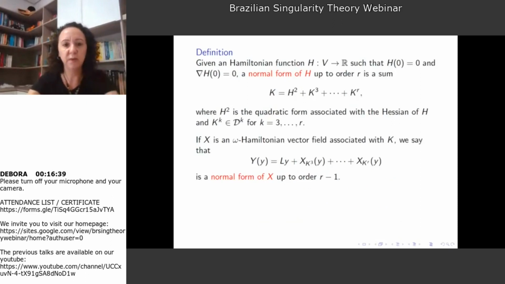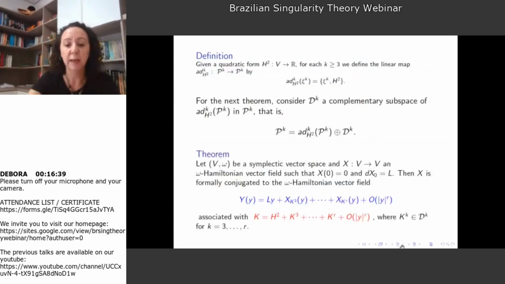Here we put the definition of the normal form. So the question is, according to your purpose, for example, what property do you want with respect to the normal form? We need to characterize this complementary subspace.